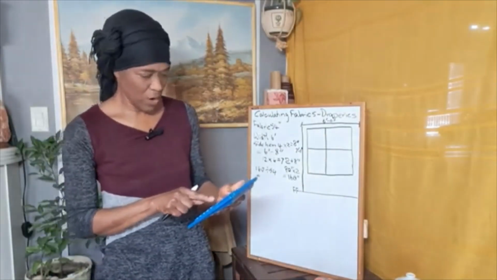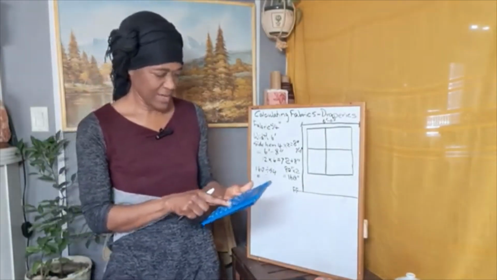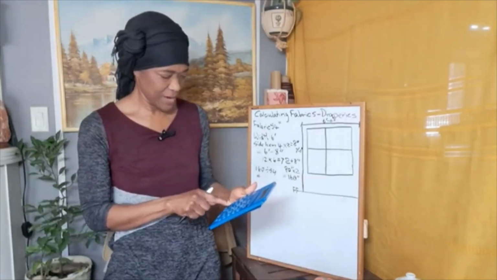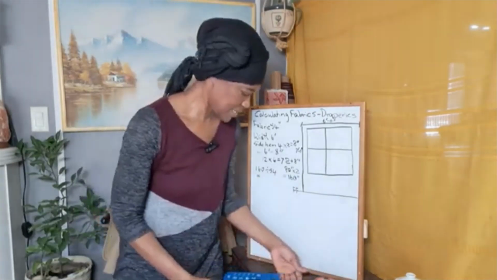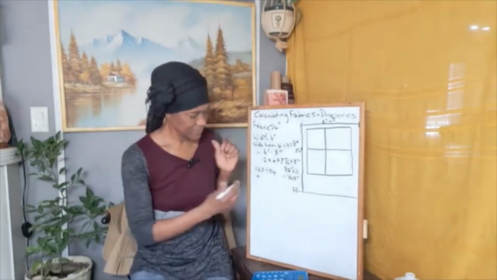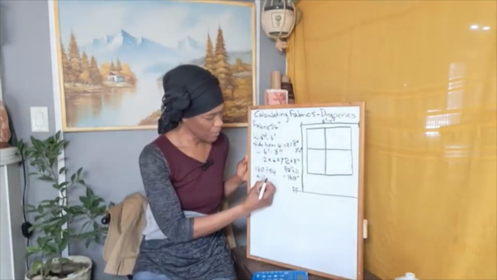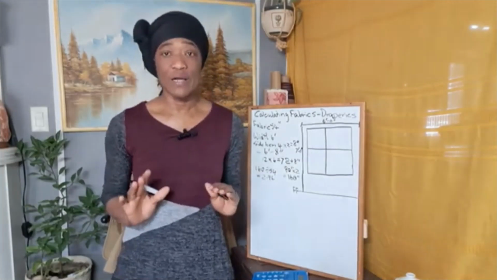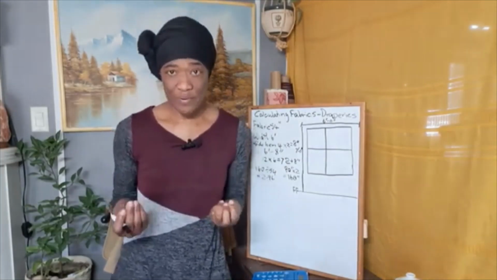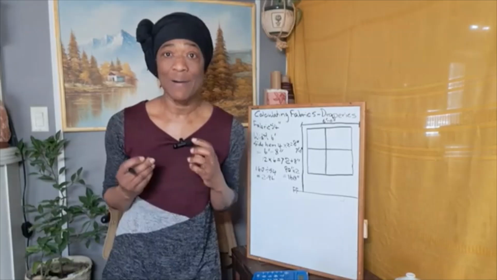So that's 160 divided by 54 equals 2.96. However, we're talking about widths of fabric, and we can't buy partial widths.